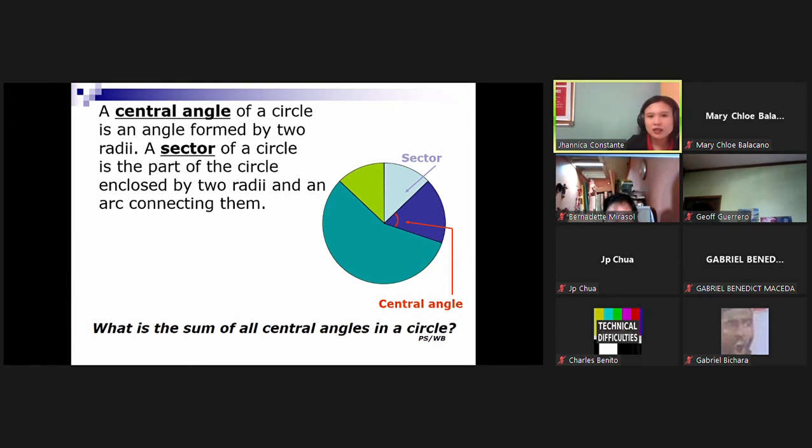A sector of a circle is the part of a circle enclosed by two radii and an arc connecting them. This part is your sector, formed by two radii connected by the arc.